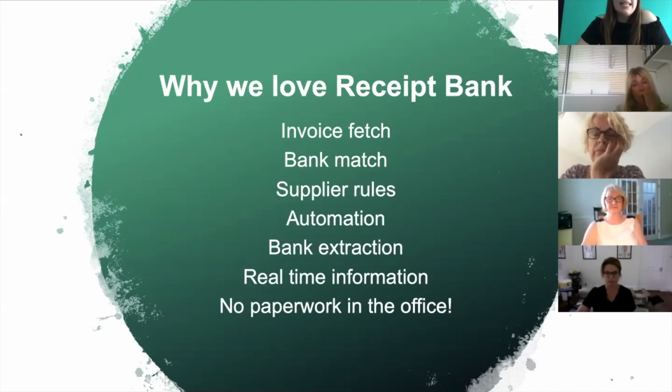Then we can tick the auto publish box, which says, right, we've assigned it to direct expenses, now we want to push it straight through to Xero. So from you guys uploading your receipts or us linking Invoice Fetch, it will then go through Receipt Bank, extract the information it needs and go straight to Xero, ready for us to do your bookkeeping. As you can probably imagine, that saves us an awful lot of time in processing.